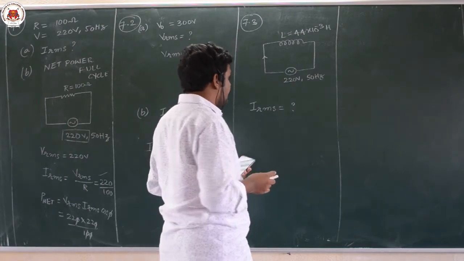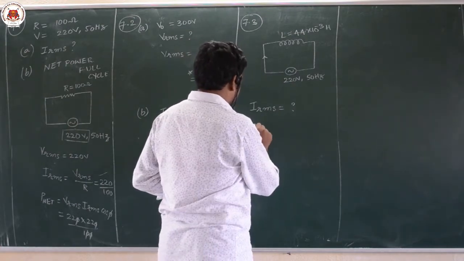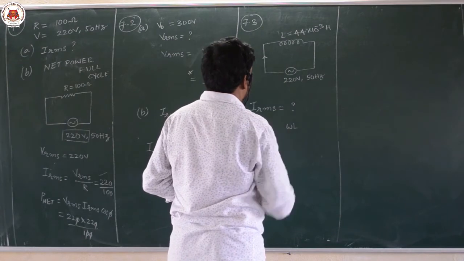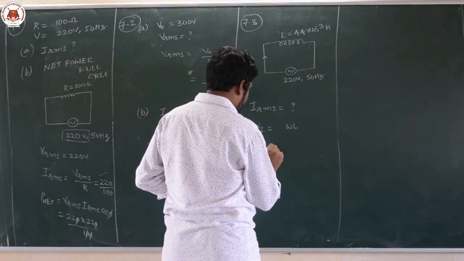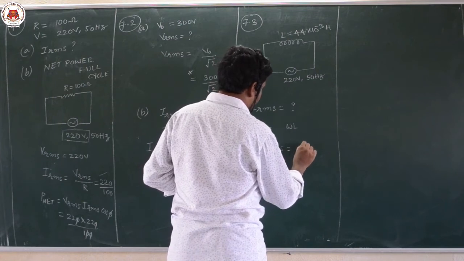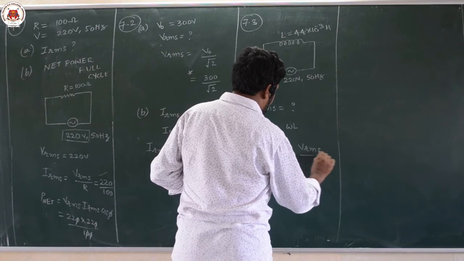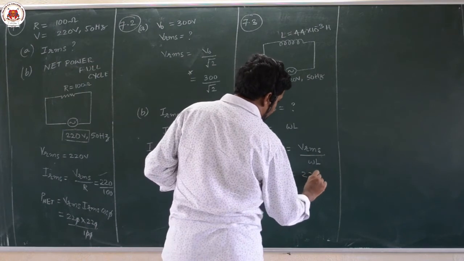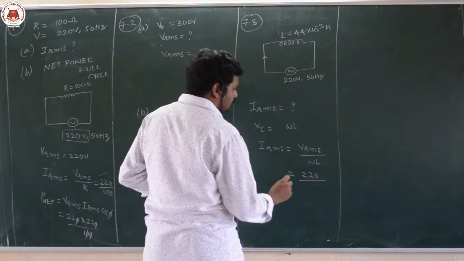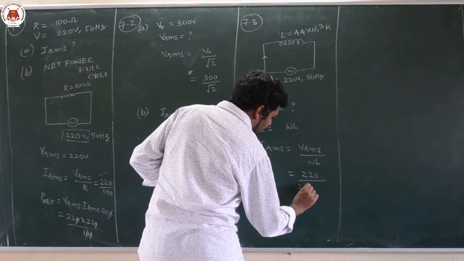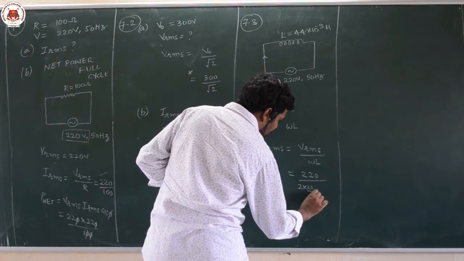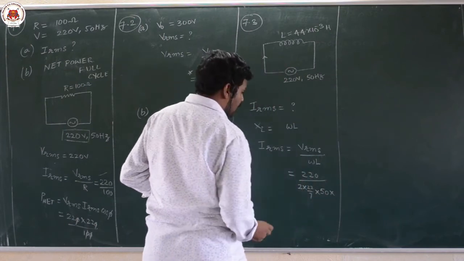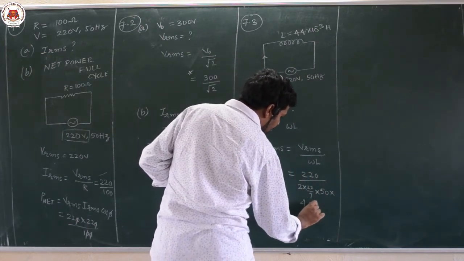In case of inductor, inductive reactance XL is equal to omega L. So IRMS is equal to VRMS divided by omega L. Just divide it: 220 divided by omega, I can write 2 pi n, 2 into 22 by 7 into 50 into 44 into 10 power minus 3.